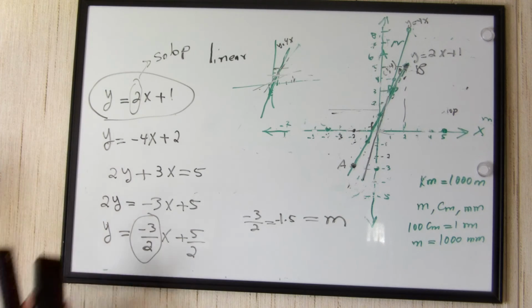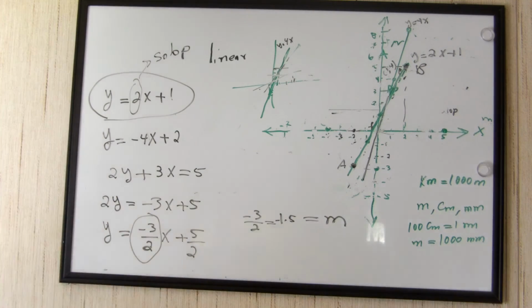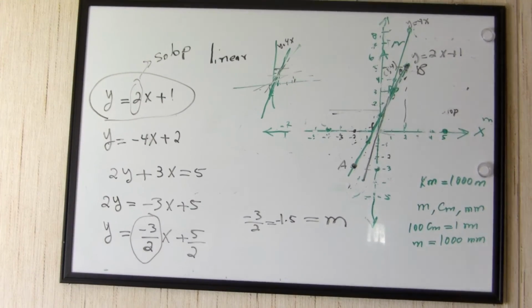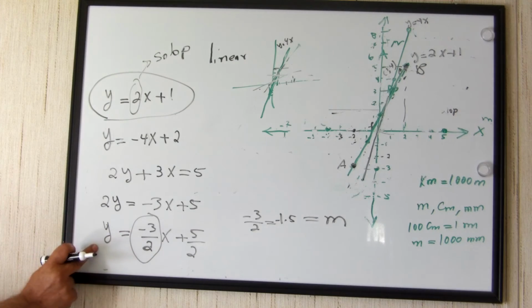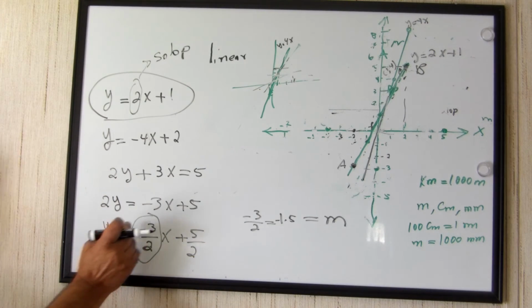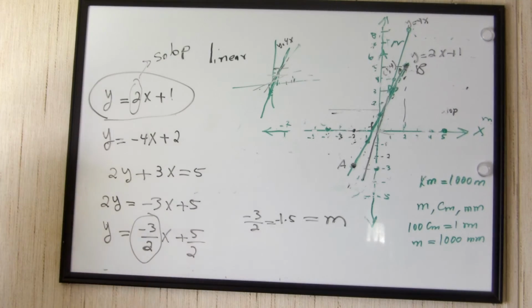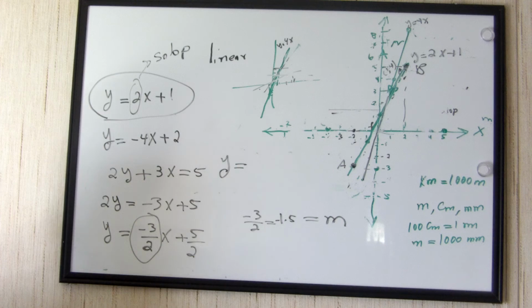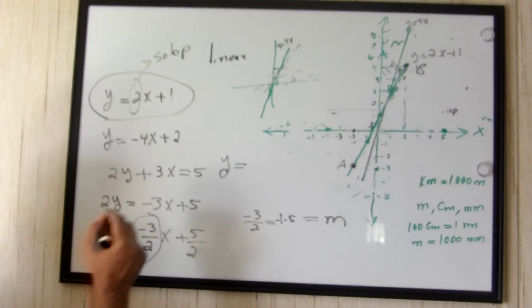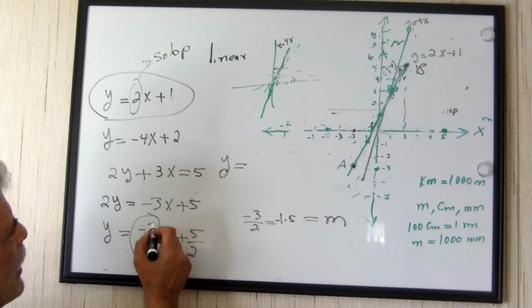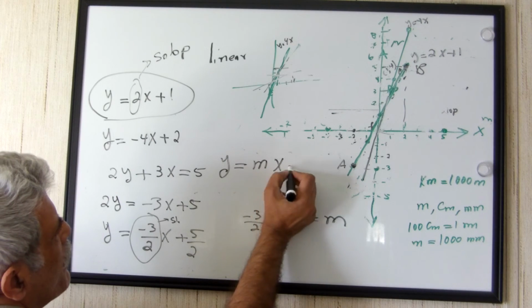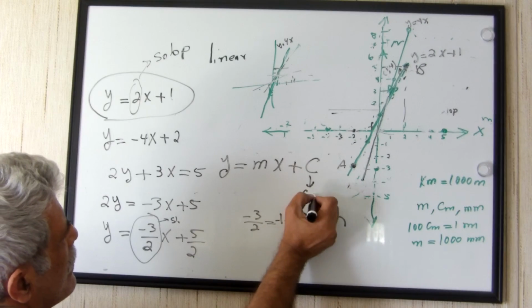If there is something like that, you have to change it to find only the y on one side of the equality, and the x and the rest on the other side. So the general rule for the equation of a line is y equals mx plus c, where m is the slope and c is a constant.